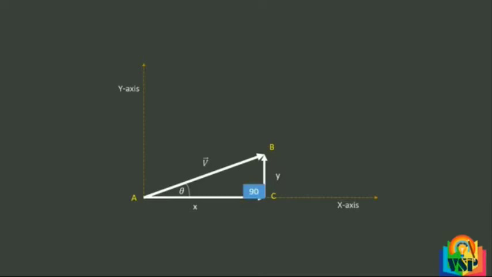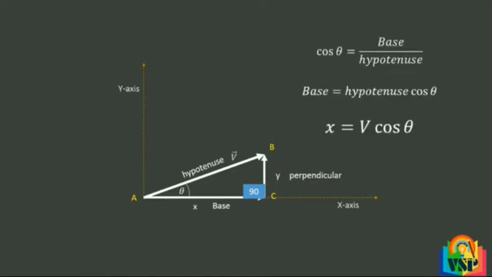It forms the right angle triangle ABC. AB is called the hypotenuse, AC is called the base or adjacent side, and CB is called the opposite side or perpendicular. Cos theta is equal to base by hypotenuse. Base is equal to hypotenuse times cos theta. From that, x is equal to v cos theta.